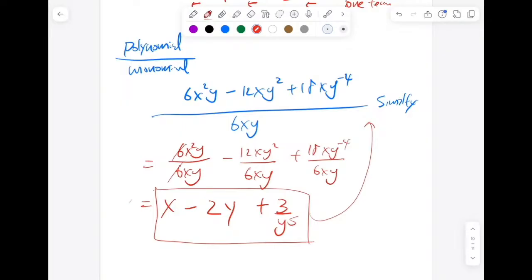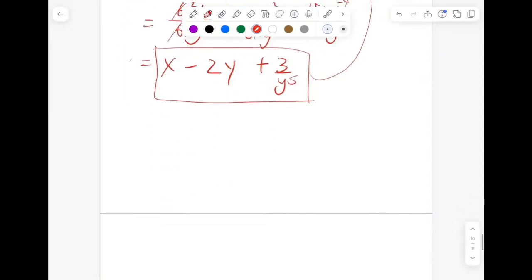Questions? We do this with bracket problems. If you have a polynomial on the top and a monomial on the bottom. Not every problem, just if you have that situation. I can give you one to try.